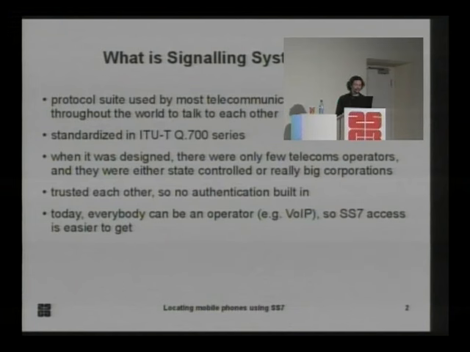It's standardized by the ITU, and when it was designed, I think something like 25 years back, there were only very few telecoms operators in the world, and most of them were either state-controlled or big corporations, so they trusted each other, and no authentication whatsoever was built in. So everybody could just say, hey, I'm that operator, and I'm from here, and the other end would trust whatever it said in those sender address fields.